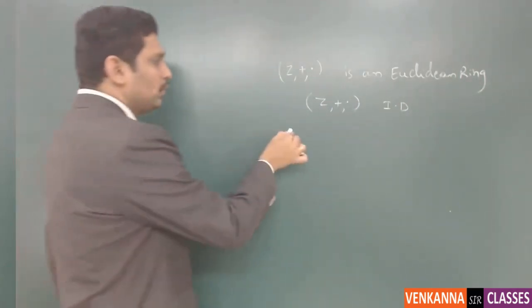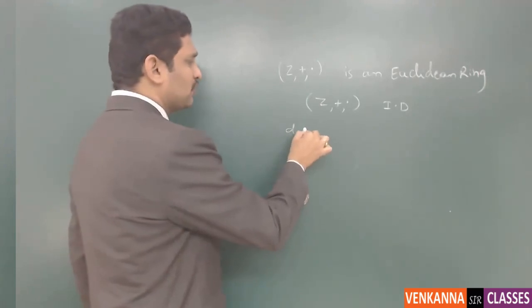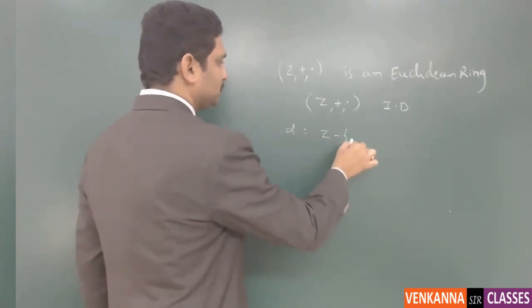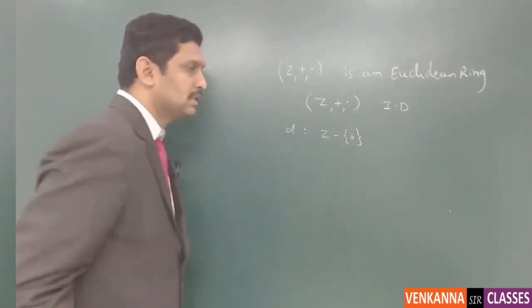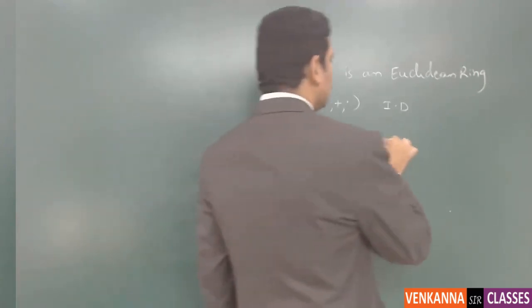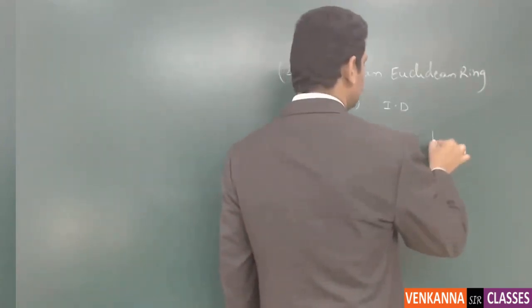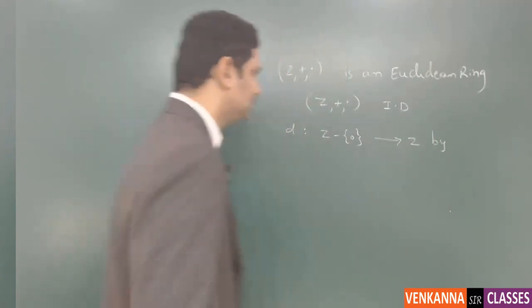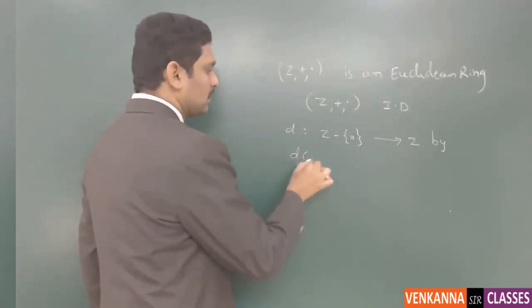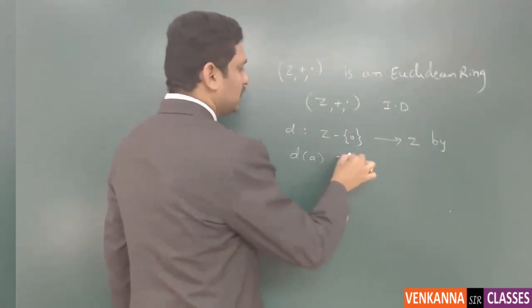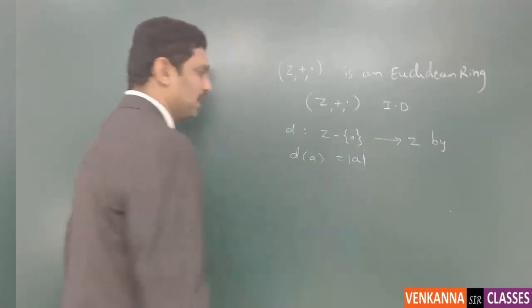So we are going to define a function from Z minus singleton 0 to Z by d of a is equal to modulus of a.